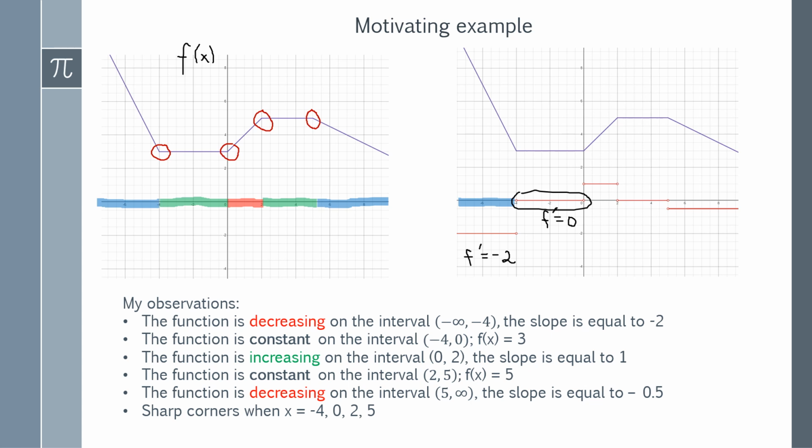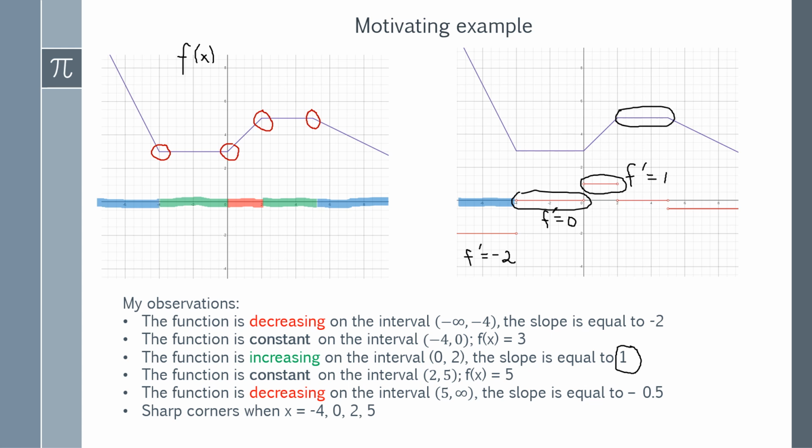Next, the interval from 0 to 2. We said on the interval from 0 to 2, the slope is equal to 1. That is where f prime is equal to 1 right here, so that would be this piece, and so forth. The function is constant on the interval from 2 to 5.